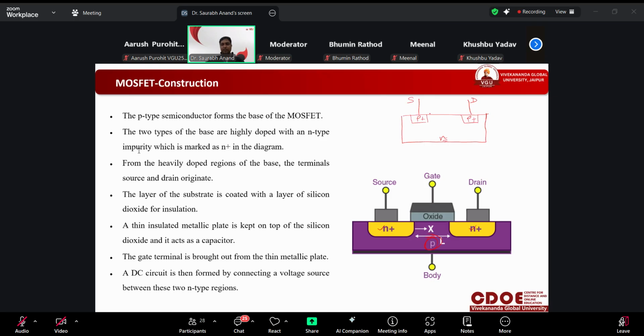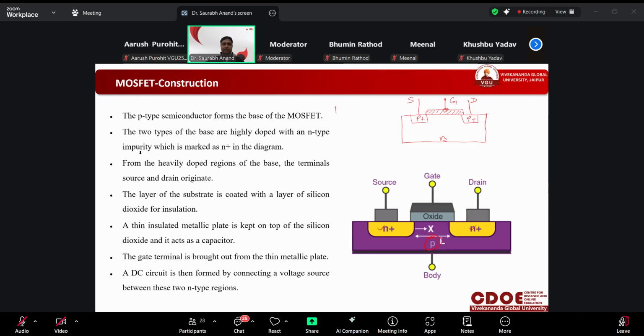And one terminal that is between drain and source is known as gate. So this terminal is not directly connected with this region. You can see here, it is not connected.